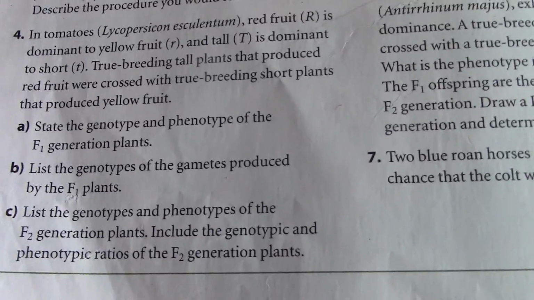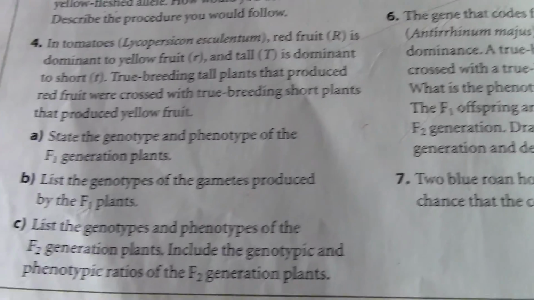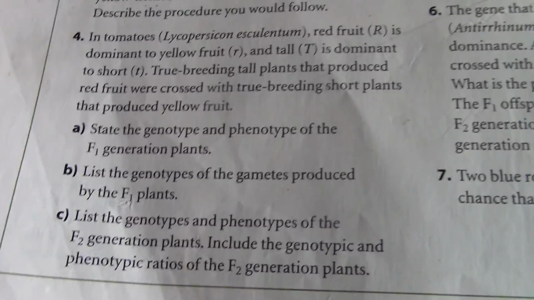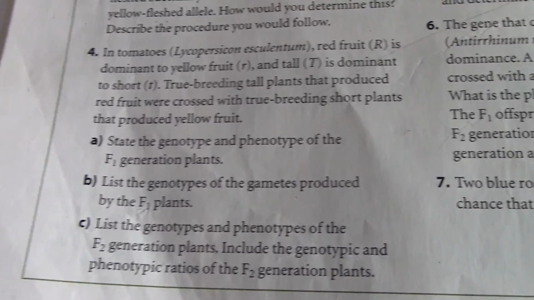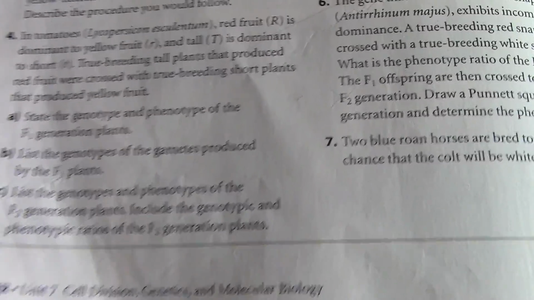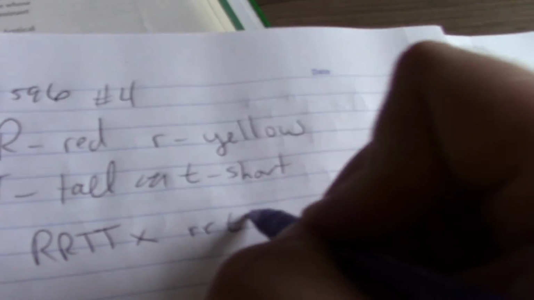So this is asking you to look at a P generation, take an F1 and then turn it into an F2 with a dihybrid cross, rather than a monohybrid cross. So you've seen this before, you're just using it with a dihybrid cross now. So I have true breeding red and tall plants bred with true breeding yellow and short plants.